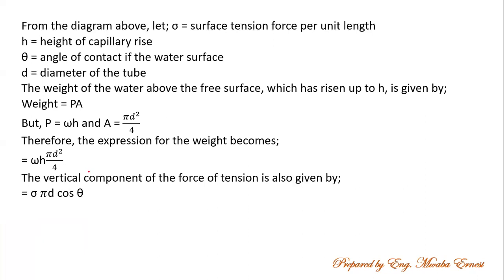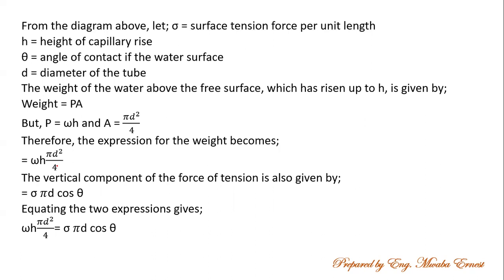If we consider the vertical component of the force where we have the tube, it is this surface tension, or the force per unit length, multiplied by the total length given by the circumference of the tube, which is pi d, multiplied by cosine of the angle. So this force is the one we're talking about. All we do now is equate it to the other force we had there.